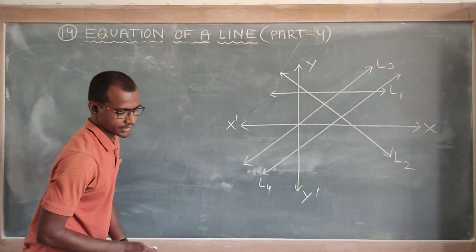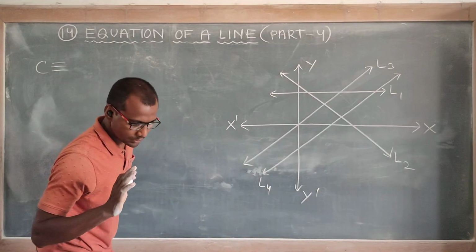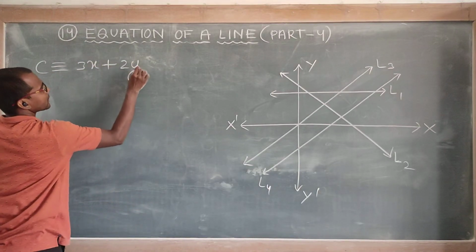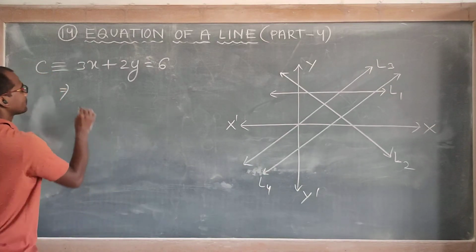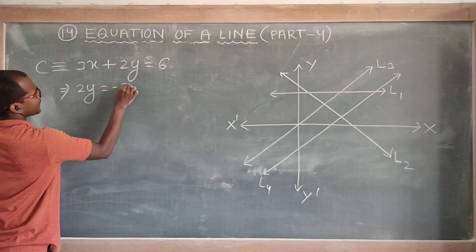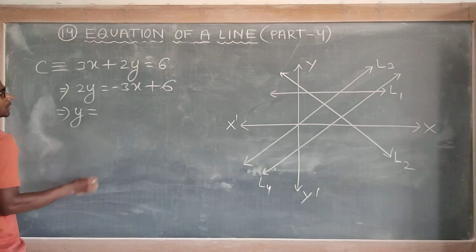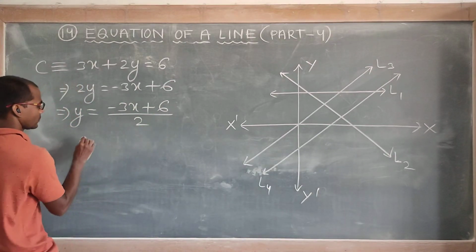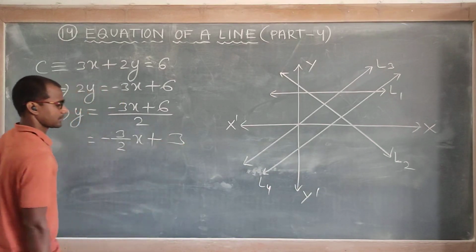Next, third equation is C: 3x plus 2y is equal to 6. Bring into the slope intercept form. 2y is equal to minus 3x plus 6. y is equal to minus 3x plus 6 by 2, which is minus 3 by 2 x plus 3.